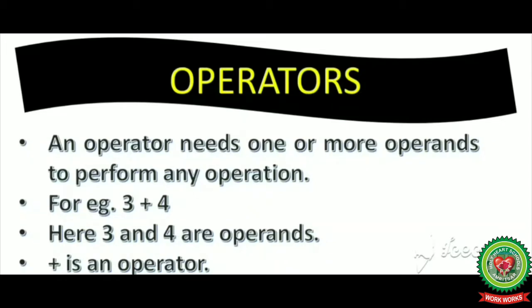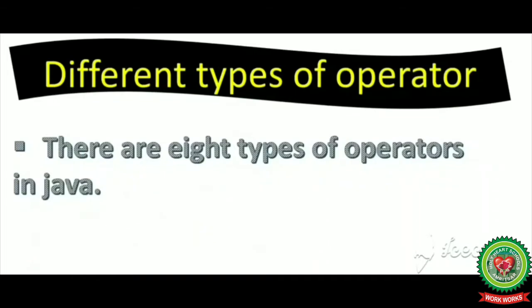If we write 9 plus 6 minus 4, here 9, 6 and 4 are the operands and plus and minus are operators. So we can combine one or more operands, 2 or 3 operands, or more. Next we will discuss the different types of operators.